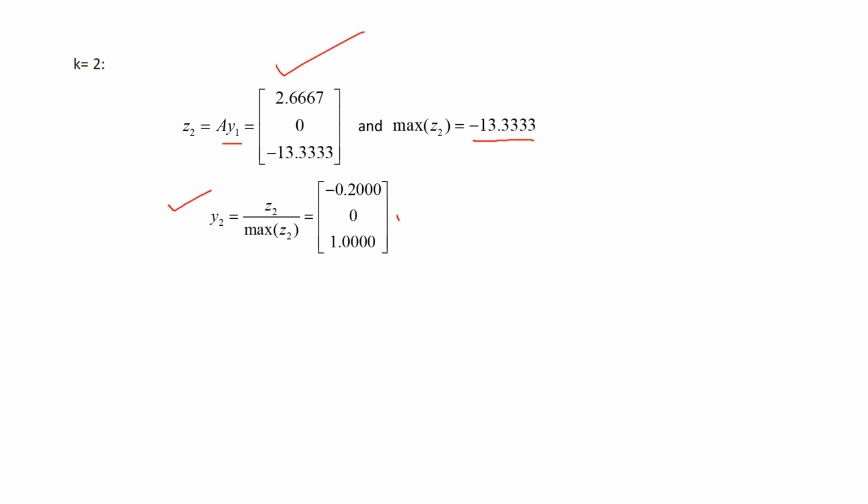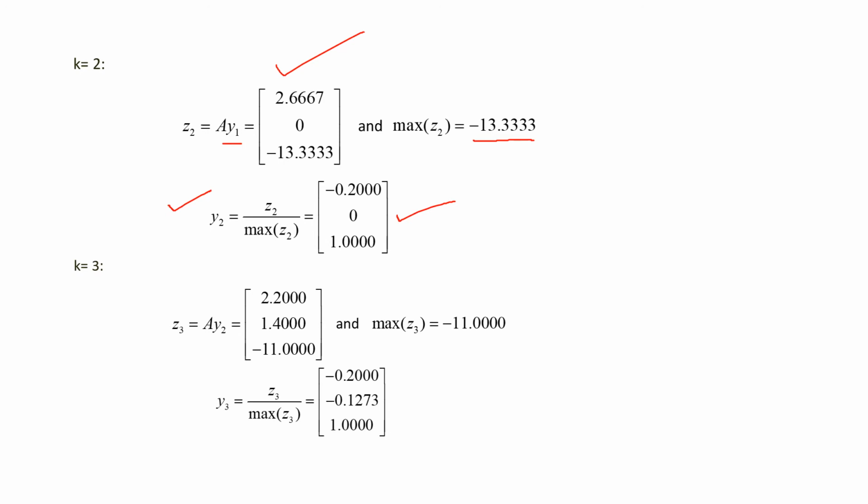This is the vector mentioned here. So with the help of y0, we calculated y1 and later y2. And similarly, y3 can be calculated using the same pattern, which is the vector given here.